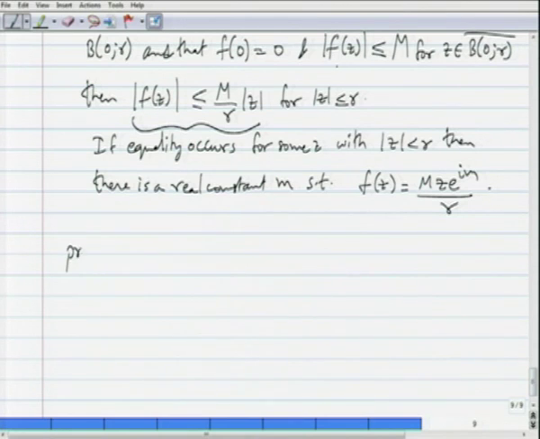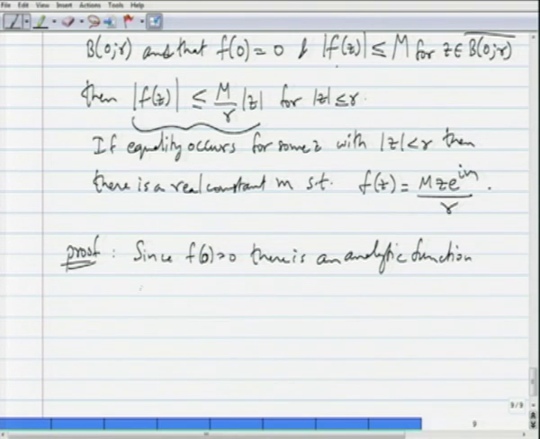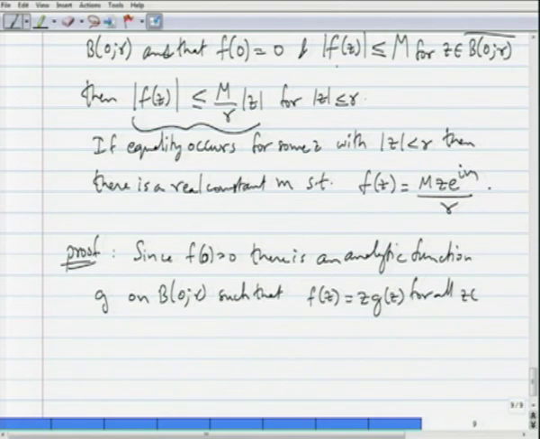So, proof. Since f of 0 is 0, there is an analytic function g on B(0, r) such that f of z is equal to z g of z, for all z belongs to B(0, r).